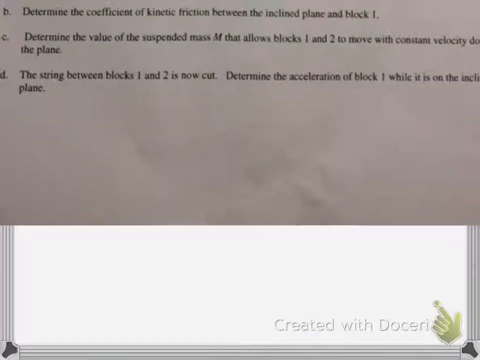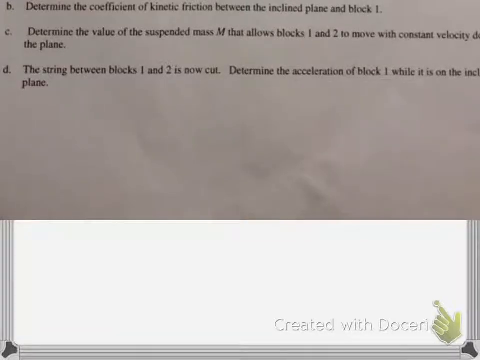Alright, sorry, it's a little bit cut off, but C says determine the value of the mass, m, that allows blocks 1 and 2 to move with a constant velocity down the plane. So, let's consider m.